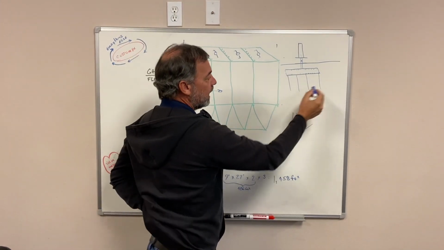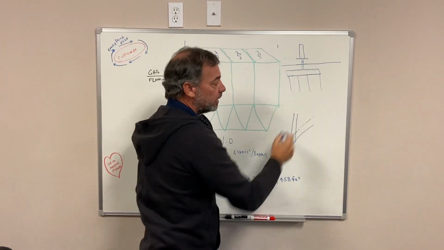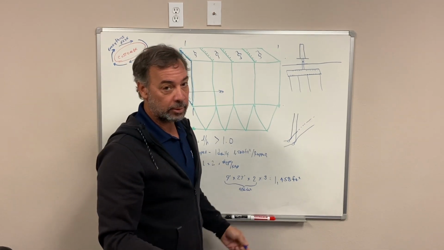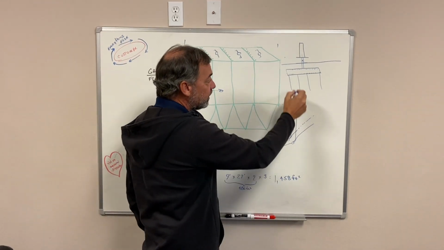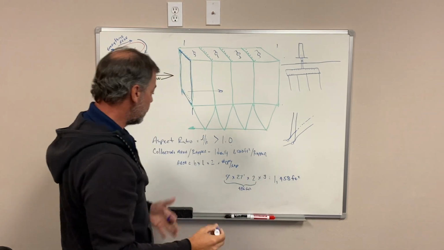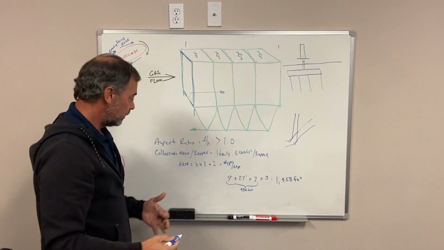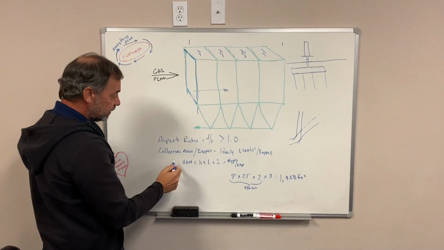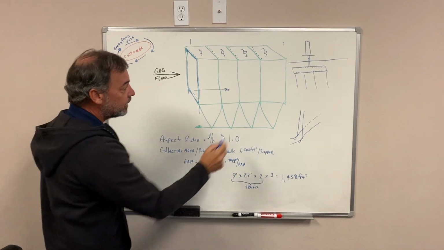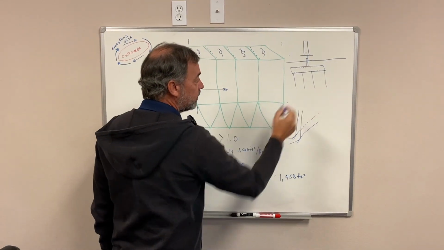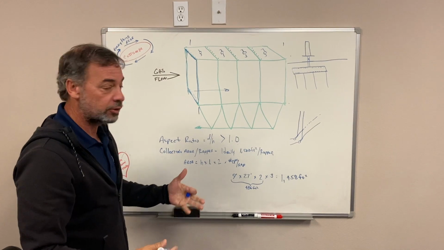This anvil beam may have 2 plates on it, it may have 10 plates on it, 12 plates on it. It's the collecting plates that we want to know the area of. So to figure out the area per wrapper, every time this wrapper goes off, how much collecting area is disturbed?